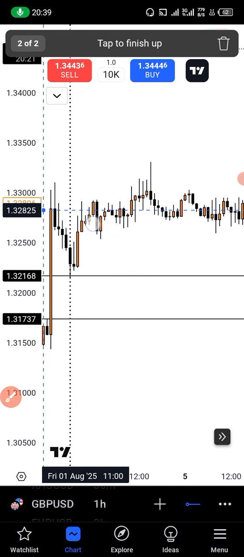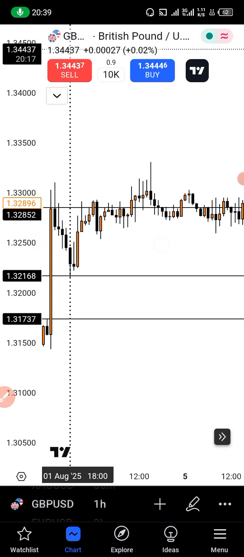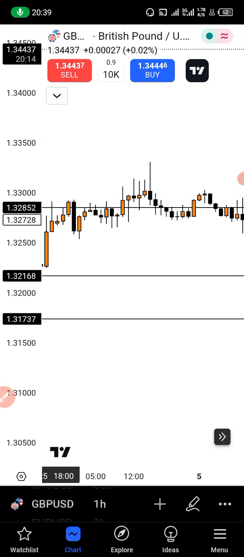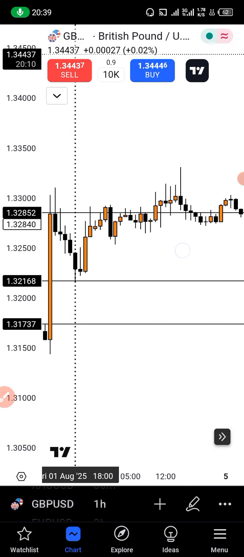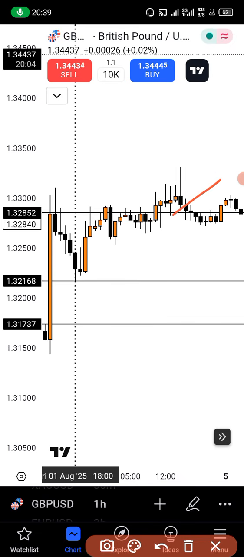So the moment price breaks this level, you can see that price actually came to retest here. This was where price closed above it at first.